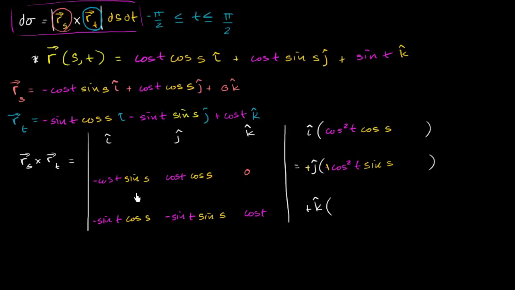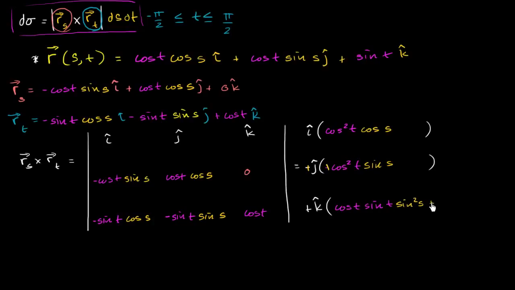Well, the negatives cancel out, so it's going to be cosine of t sine of t times sine squared of s. And then from that, we're going to subtract the product of these two things, but that product's going to be negative, so you subtract a negative.